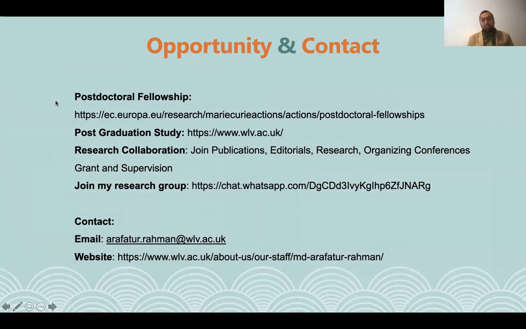And there is another opportunity: those who are interested in a postdoctoral fellowship, especially in July, there will be an opportunity for a medical postdoctoral fellowship. If anyone is interested, please contact us. And we have a very good research group, so we can share more and discuss. If anyone is interested, they can join this research group.